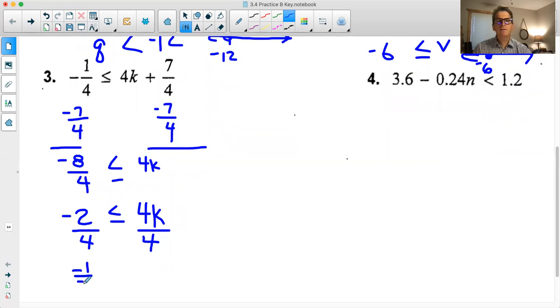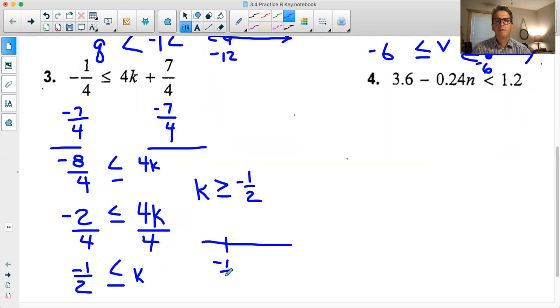We leave the sign alone because it was a positive 4. So negative 1/2 is less than or equal to k, or in other words, k is greater than or equal to negative 1/2. You could graph it by looking at negative 1/2 and calling that a solid dot, with k greater than that going to the right. Put your 0 in there. And that'd be number 3.